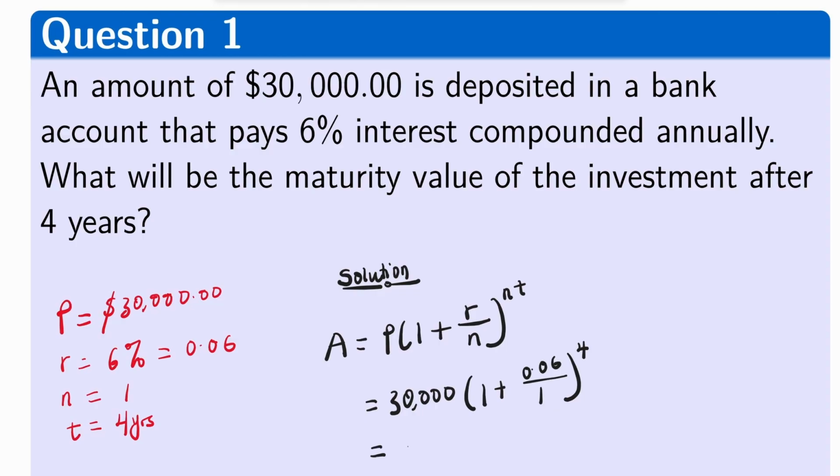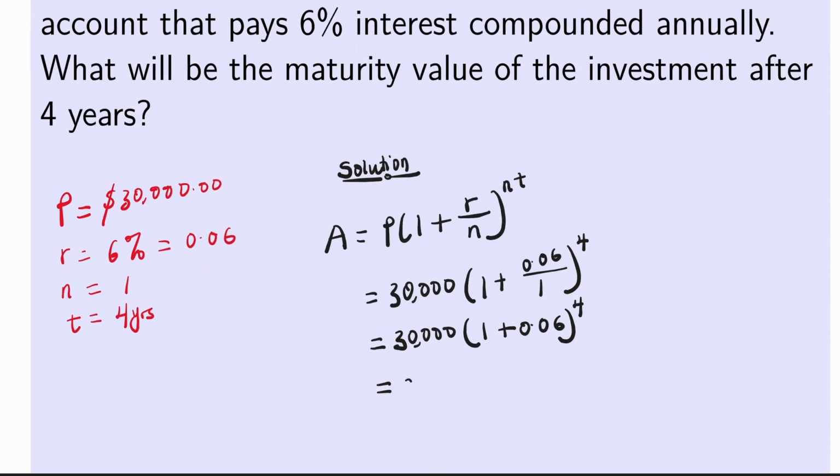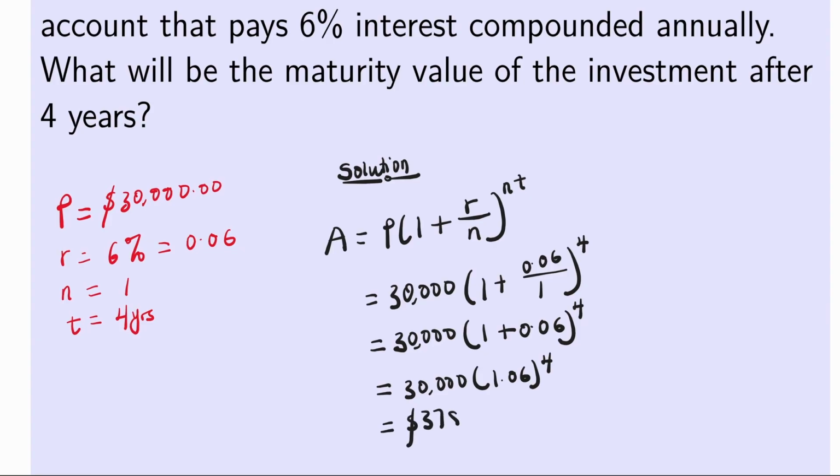We are going to have 30,000 into brackets 1 plus 0.06, all exponent 4. And this is equal to 30,000 into brackets 1.06, all exponent 4. If you punch this on your calculator, you are going to have 37,874.3088 US dollars. So this is the maturity value of the investment after 4 years.